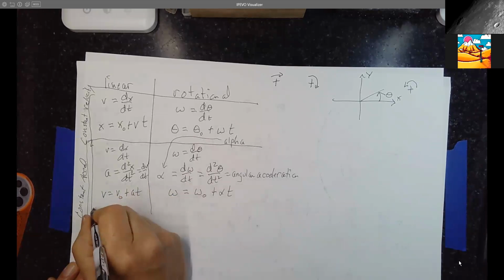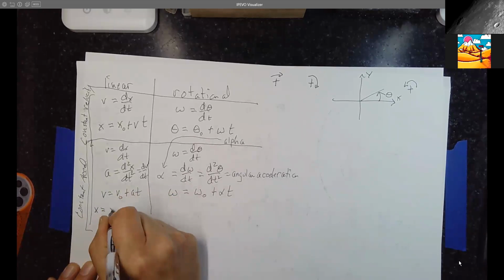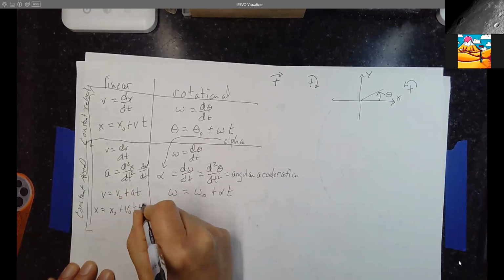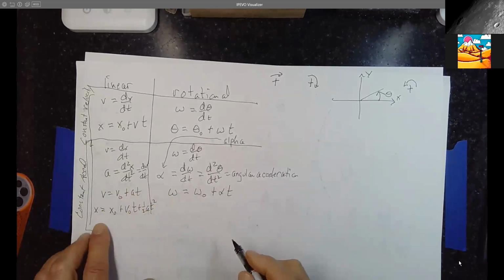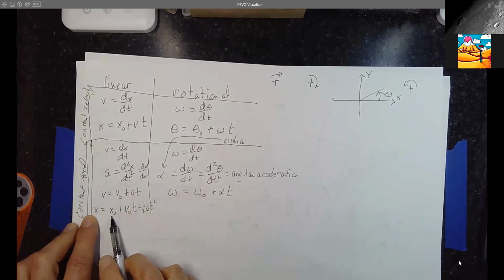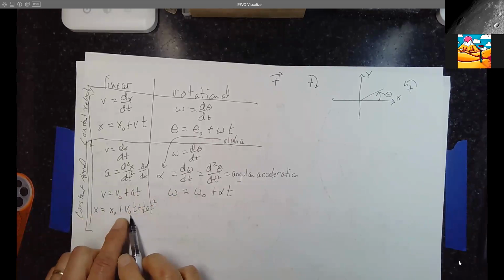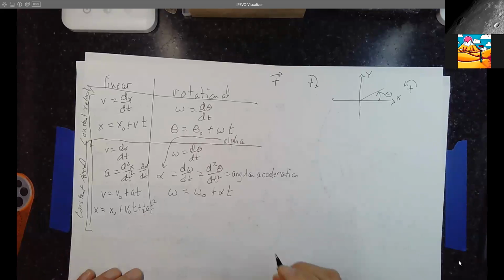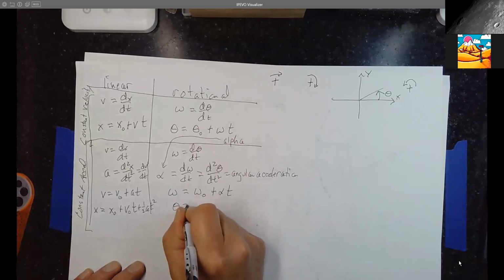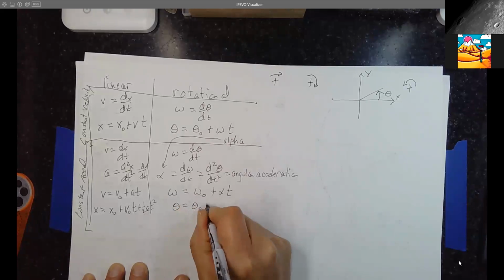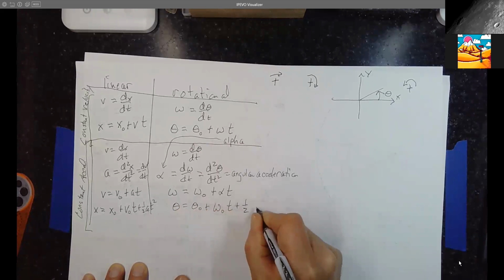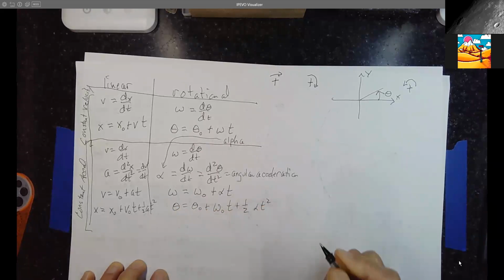And then we had an equation that looked like x was equal to x naught plus v naught t plus 1/2 at squared. Turns out for rotational motion, we change the x's to thetas, the v's to omega, and the a to alpha, and it works just fine. So theta is going to be theta naught plus omega naught t plus 1/2 alpha t squared.